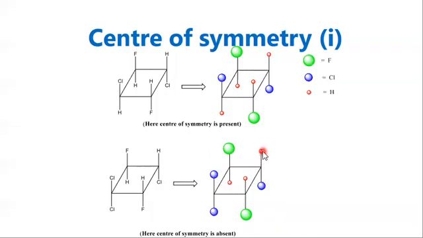Here you have a hydrogen atom. If you draw a line through the center in the opposite direction, it meets a chlorine atom. So it deviates from this concept. So we say this molecule does not have a centrosymmetry, but this molecule has a centrosymmetry.